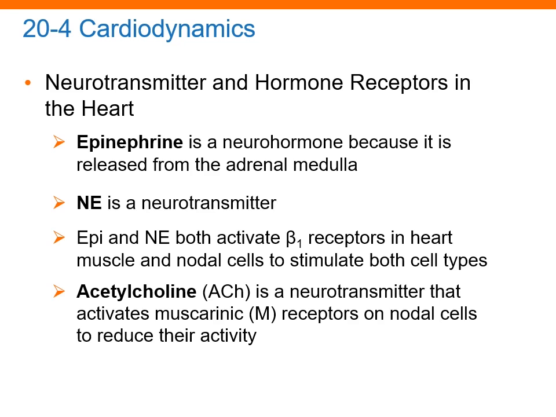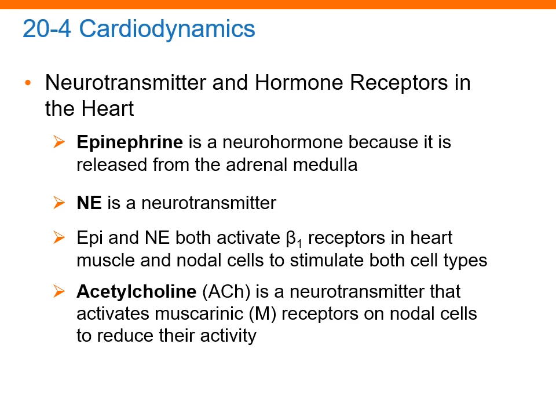The adrenal medulla can release norepinephrine, but the majority of the adrenergic substance released from the adrenal medulla is epinephrine. Again, epinephrine from the adrenal medulla, norepinephrine from the neurons. So if I say a tissue is innervated by the sympathetic nervous system, you should immediately think norepinephrine.